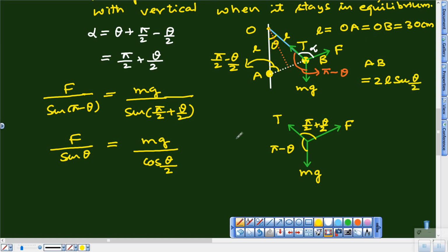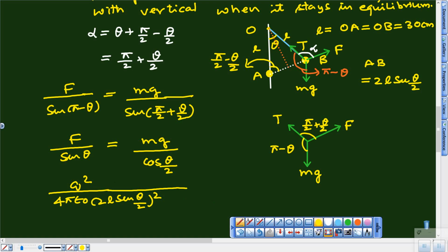This is the distance between the two charges, which I'll use for writing the expression of force in Coulomb's law. So force F would be Q square upon 4 pi epsilon naught and distance square, that is (2L sine theta by 2) square, right?